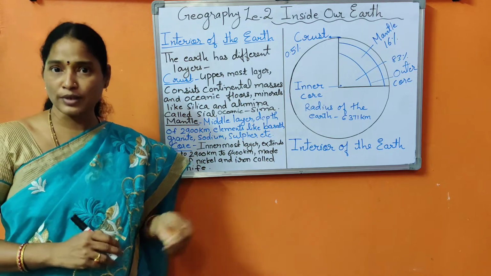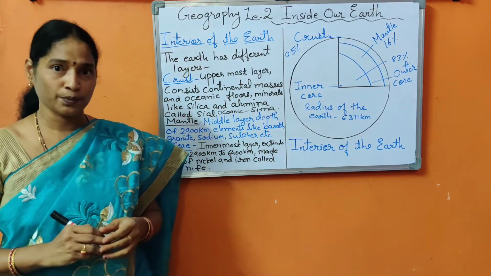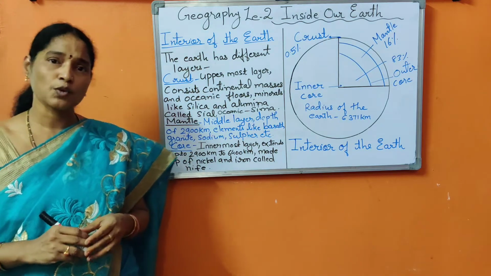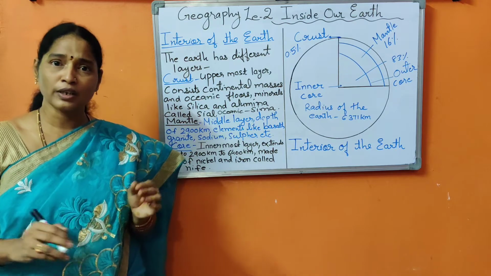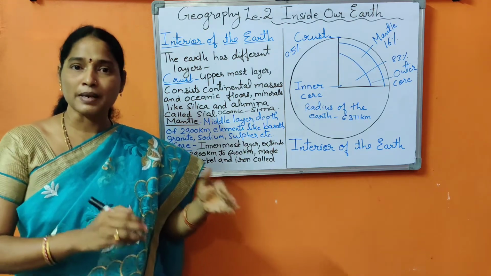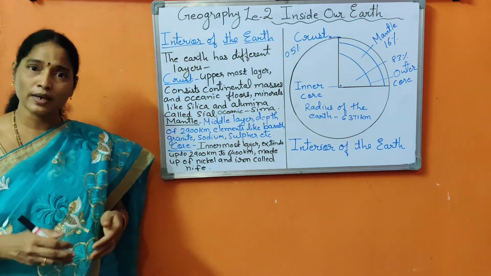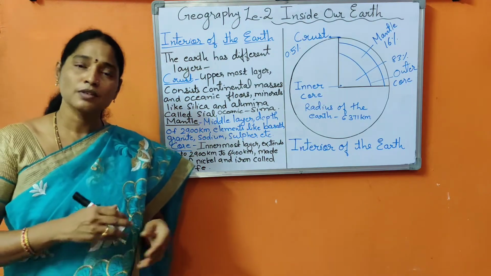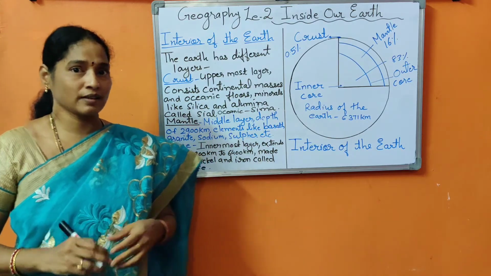Our earth originated some 5 billion years ago. Earlier, it was very hot, but slowly it cooled and acquired the present form. The earth always undergoes changes inside the earth and outside the earth.